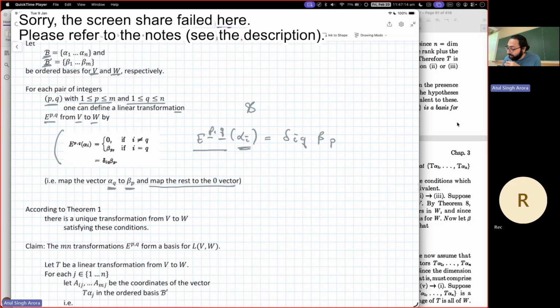Let me write it down because it might be a little easier. I'm just writing the definition of E^{PQ} acting on alpha_j. This is the sum over P, sum over Q, A_{PQ} delta_{jQ} beta_P. What I did here was apply the definition of E^{PQ} acting on some vector alpha_j.